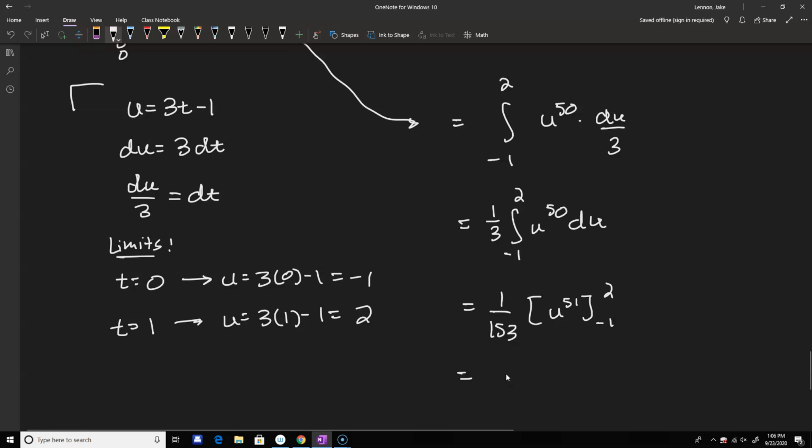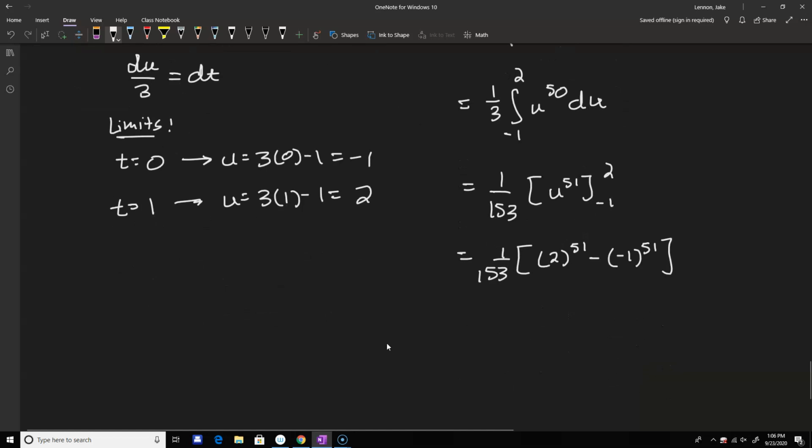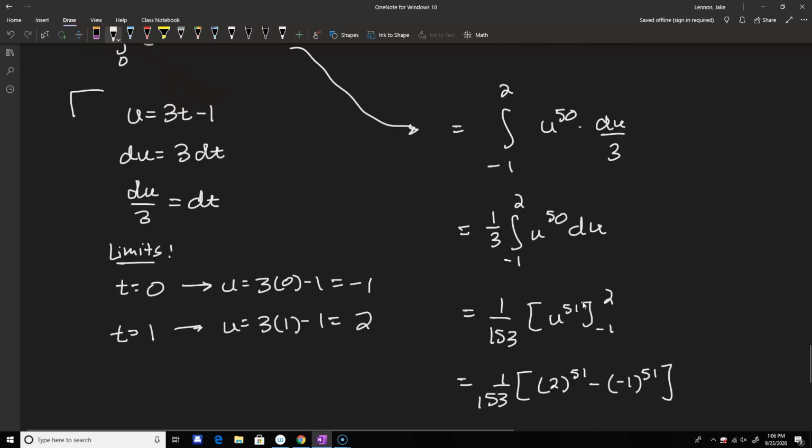So we get 1 over 153 times 2 to the 51 minus -1 to the 51. And then we can punch that into our calculator and we get some huge number. This comes out to something like 1.47 times 10 to the 13th. It's a gigantic number, so we'll just leave it in scientific notation.